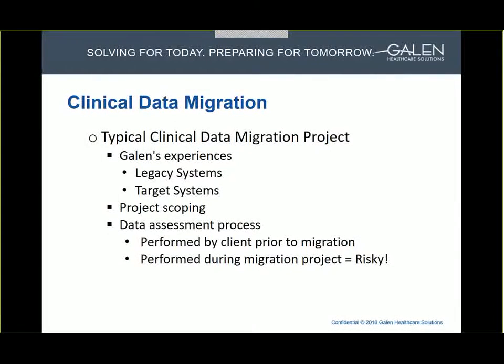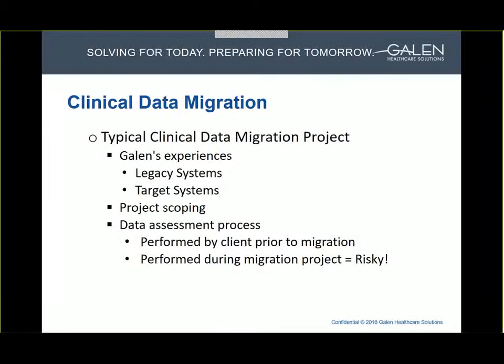And in each of these migration projects, at some point, each of the data elements within scope is assessed and a determination is made to migrate the data or not, and if so, in what manner. Sometimes these decisions are made by the client in advance of the migration project kickoff, or even before project scoping, based on previous experiences or organizational policies. But many times, we find the data isn't fully assessed until sometime during the course of the migration project.